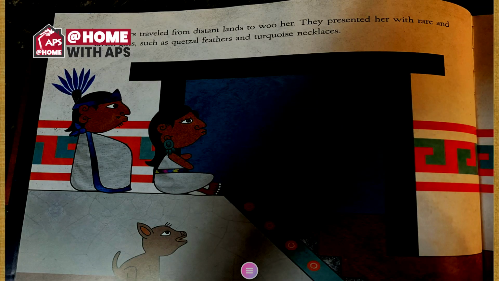Suitors traveled from distant lands to woo her. They presented her with rare and lavish gifts, such as quetzal feathers and turquoise necklaces.